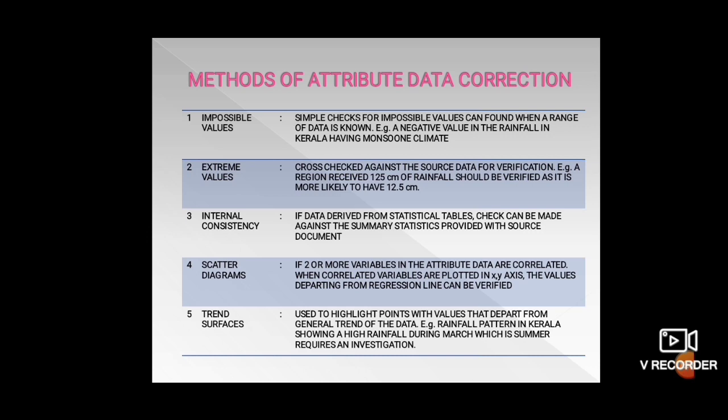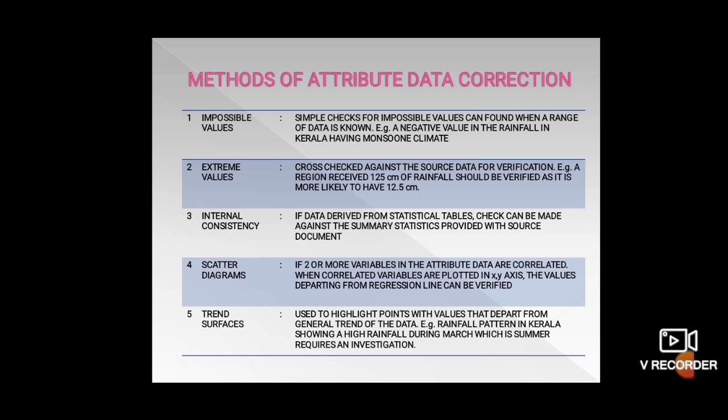It is more likely to be 12.5 centimeters rather than 125 centimeters. Such extreme values can be cross-checked against the source data for verification. The third type of attribute data correction is internal consistency.